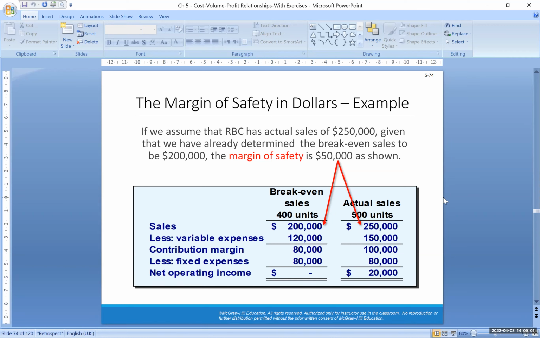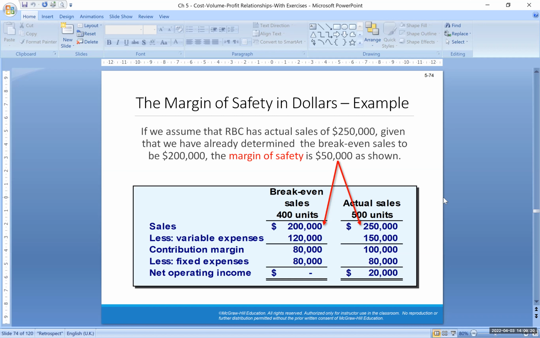Look at the two income statements. The first one in the middle represents the break-even income statement, and the one on the right represents the actual income statement if we sell 500 units.